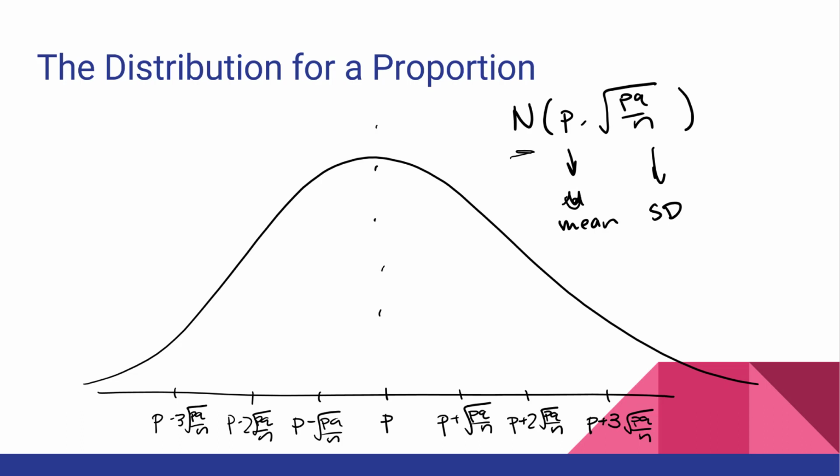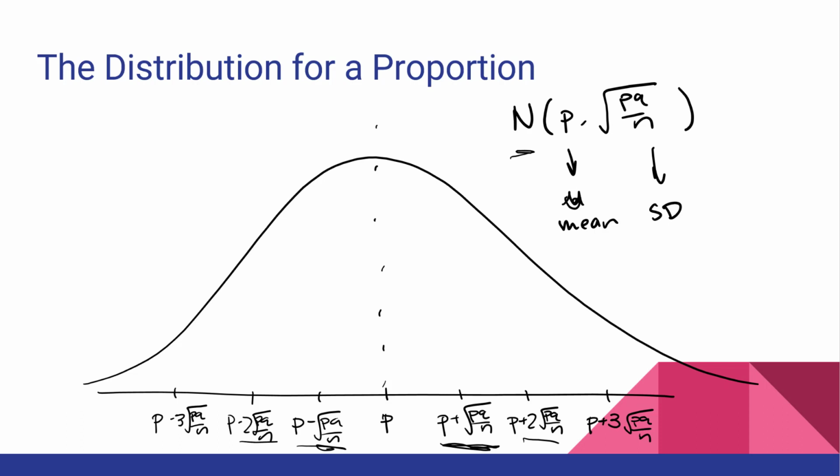That is at the center of our model here. And then we branch out with our standard deviations. So our standard deviation is equal to the square root of p times q over n. If we go out one standard deviation, we have p plus the square root of pq over n and then p minus that, and two standard deviations, p plus 2 times the square root of pq over n, etc.